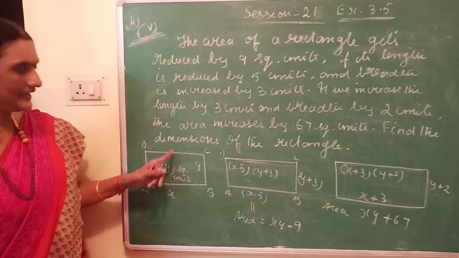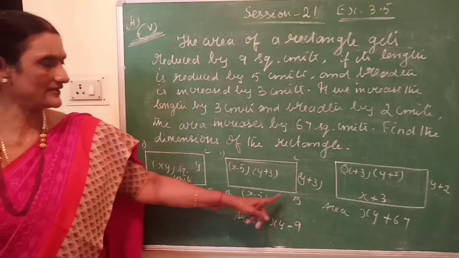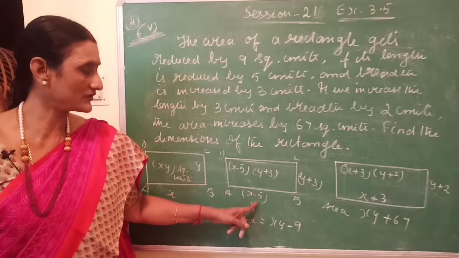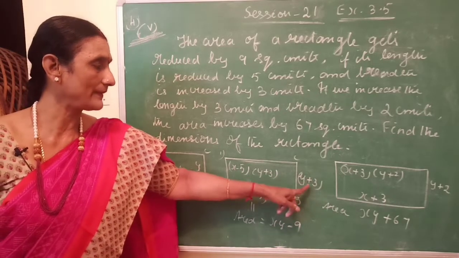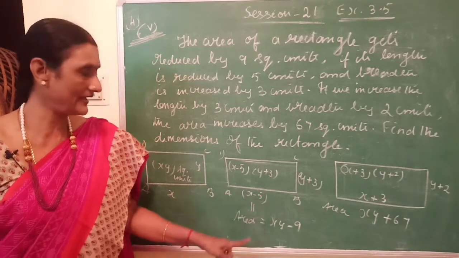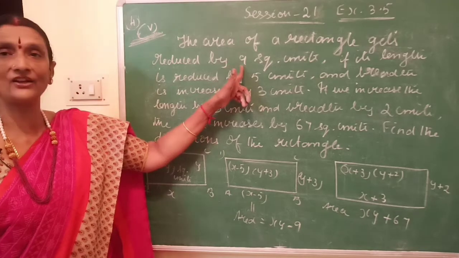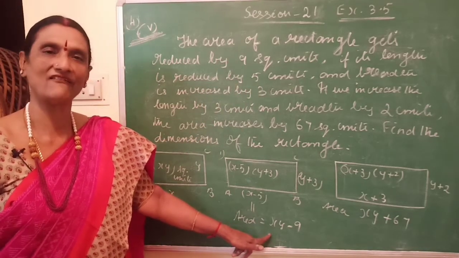Originally the area was xy, and because of the adjustments by reduction of the length by 5 and increase of the breadth by 3, the area becomes (x minus 5)(y plus 3) and actually gets reduced by 9 square units. That is what we have written.